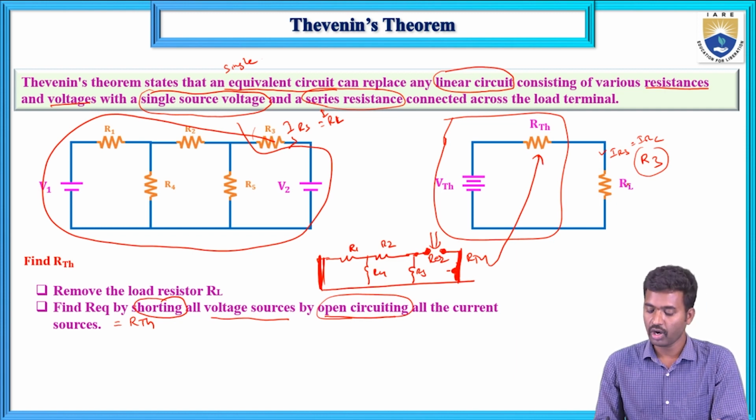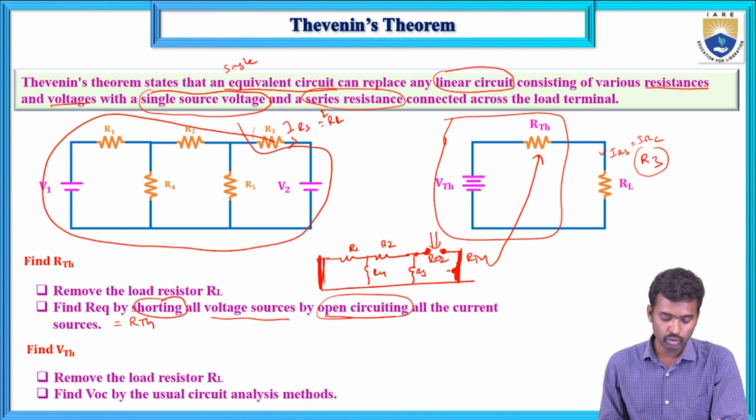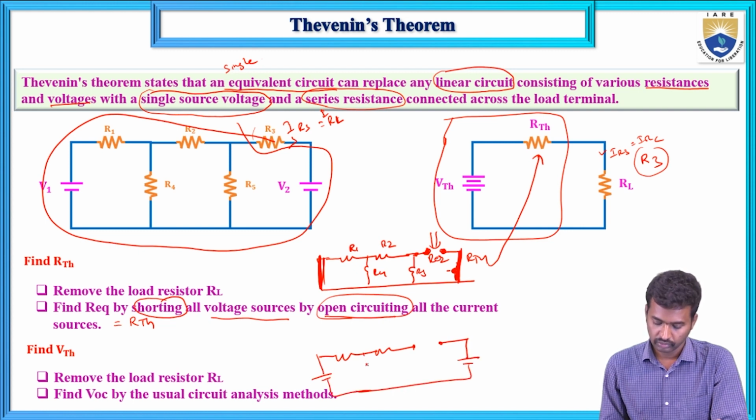And next, VTH can be calculated. To find VTH, same thing: remove the load resistance from the given circuit. Step 1, remove the load resistance, R1, R2, R4, R5 remain, and calculate.